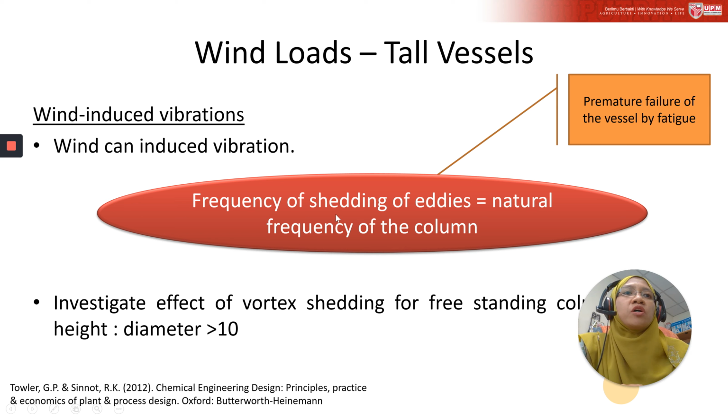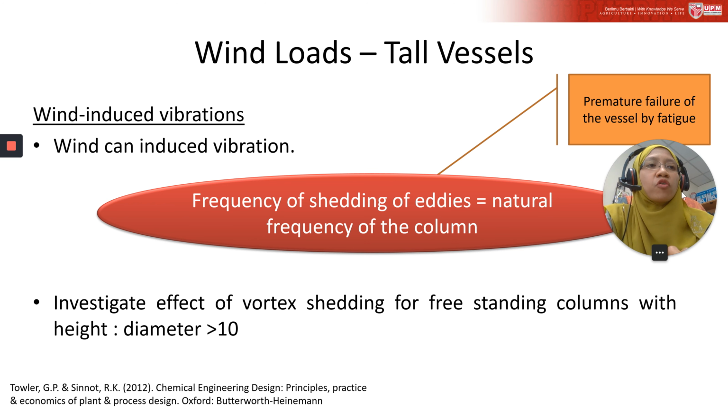Basically, when the frequency of shedding of eddies is equal to the natural frequency of the column, it will cause premature failure of the vessel by fatigue. So, common practice for a standing column with a height to diameter ratio bigger than 10 is that it is advisable to investigate the effect of vortex shedding.